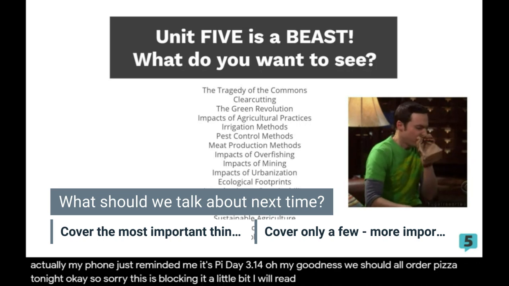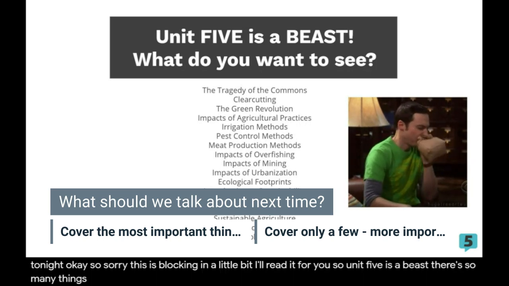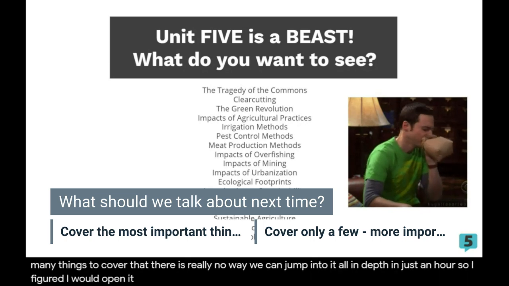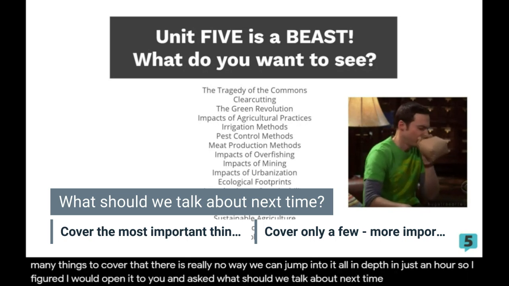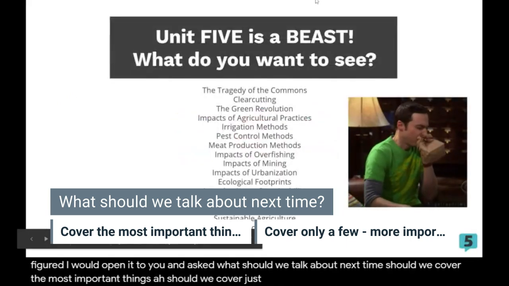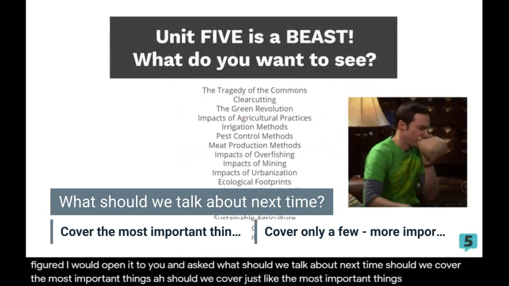I will read it for you. So Unit 5 is a beast. There's so many things to cover that there is really no way we can jump into it all in depth in just an hour. So I figured I would open it to you and ask, what should we talk about next time? Should we cover just the most important things in each topic?